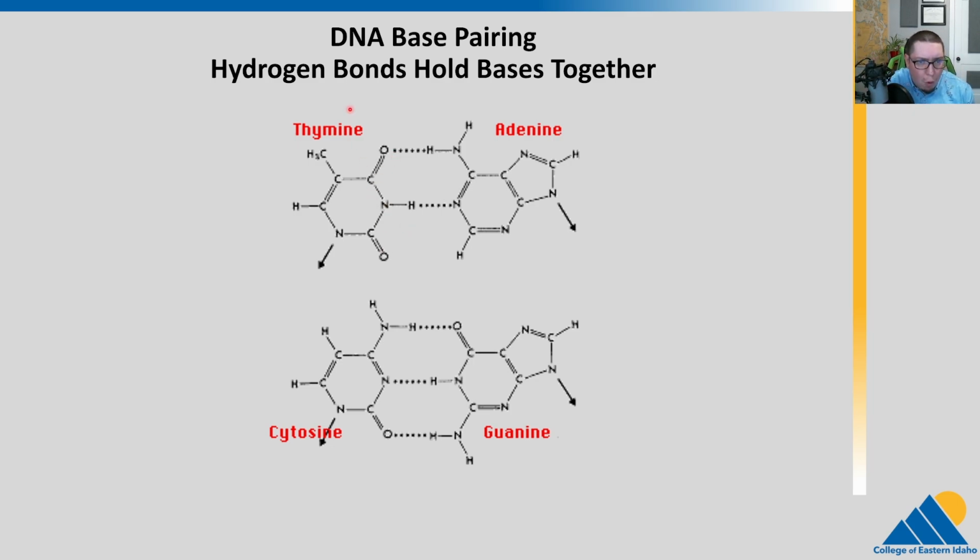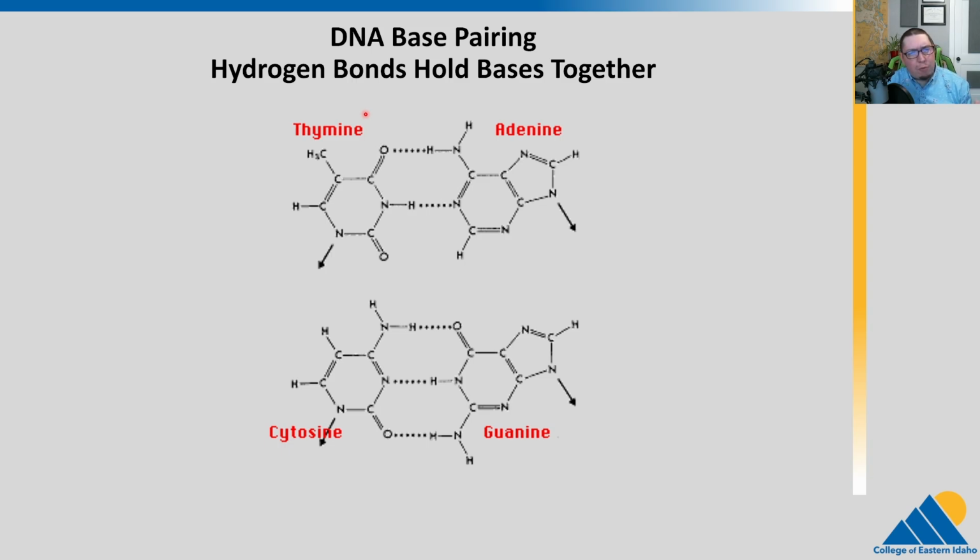The more hydrogen bonds you have, the more energy you're going to need to put in to unzip the DNA. When we talk about PCR later in the course, a more advanced thing if you go on to learn about PCR at an advanced level, the more G's and C's you have, the more heat you have to put in to break apart the G's and C's. A's and T's only have 2 hydrogen bonds. Less energy needs to go in to break those.